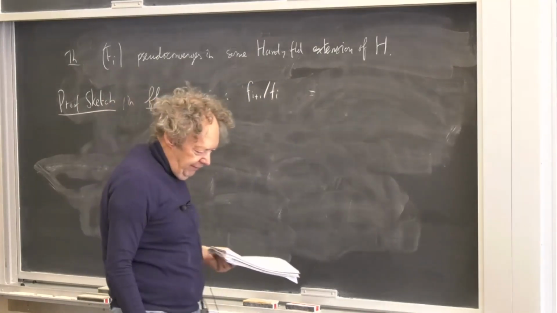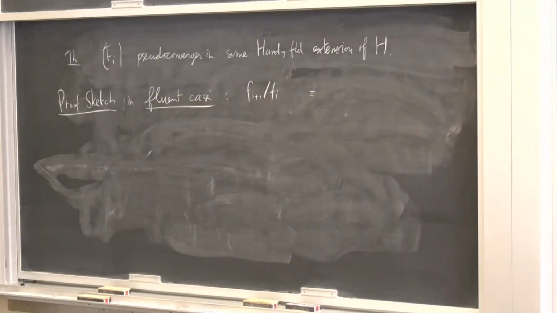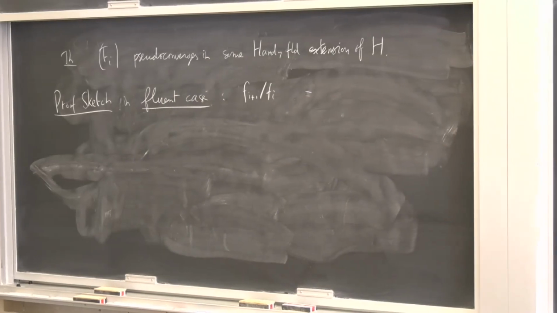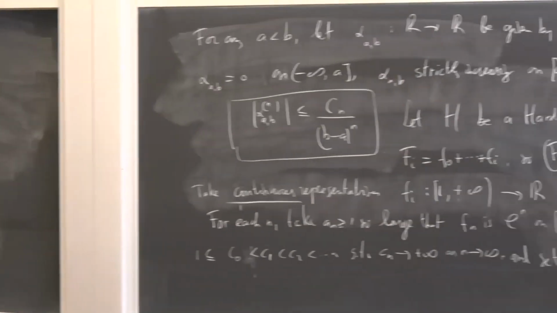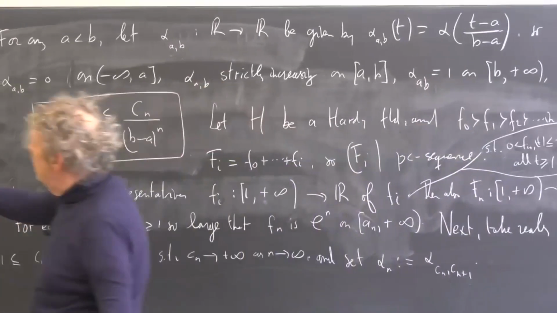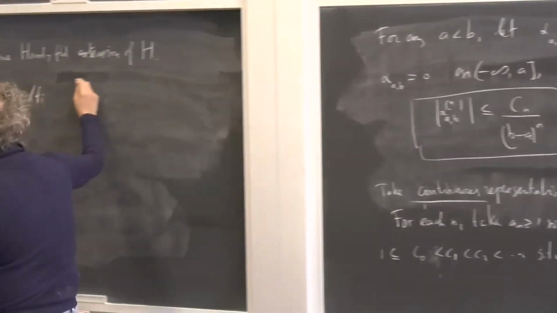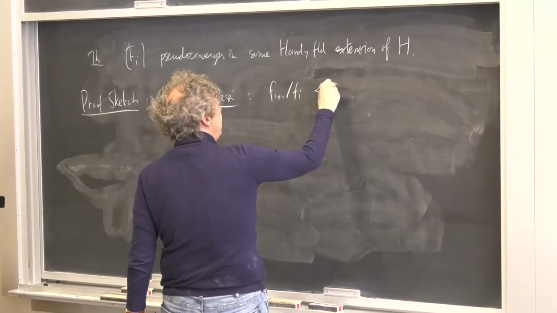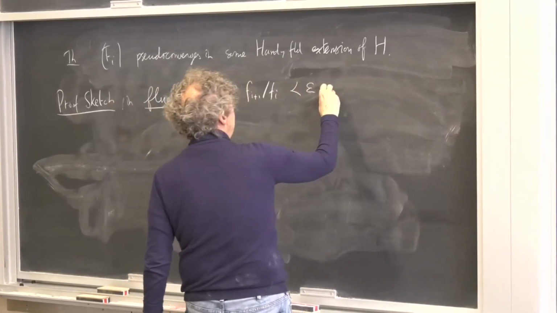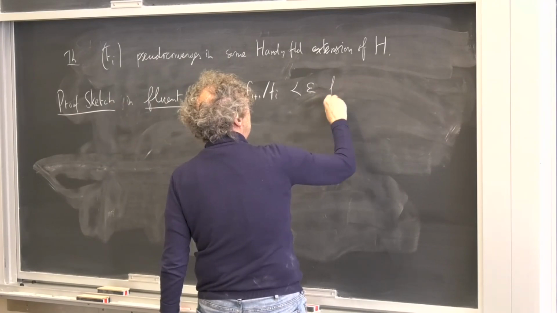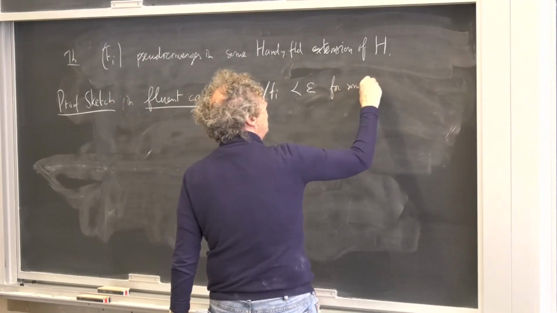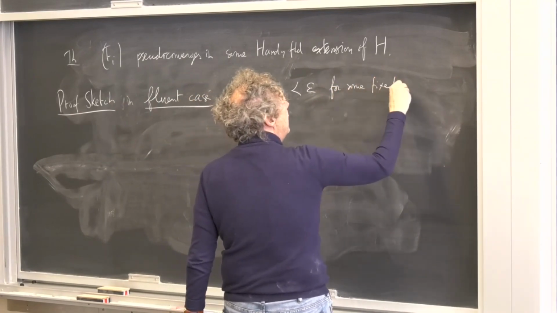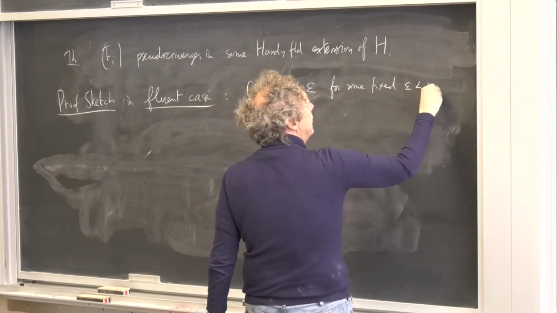If you look at these quotients f_{i+1} over f_i in our Hardy field, f_{i+1} divided by f_i is of course infinitesimal. These are all infinitesimal germs, but with a little bit of luck they could be all less than a fixed infinitesimal epsilon.